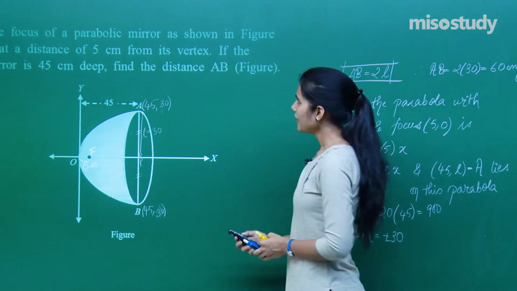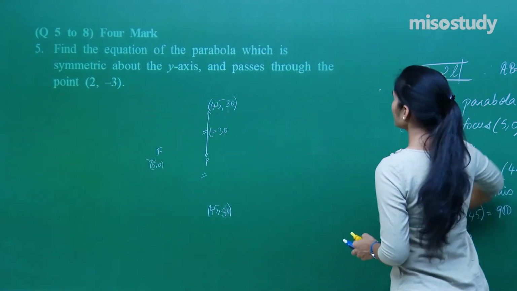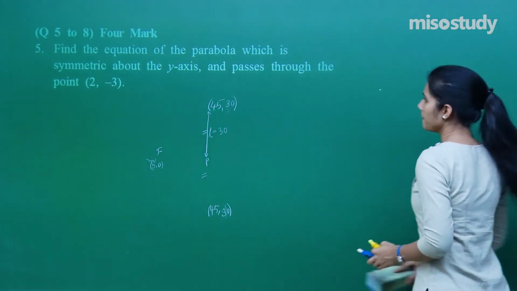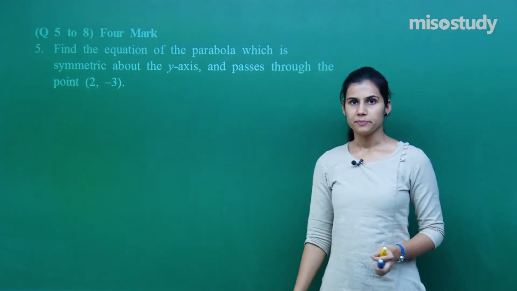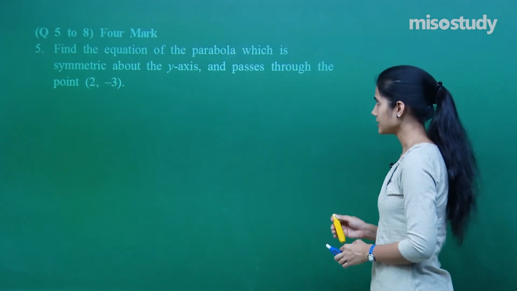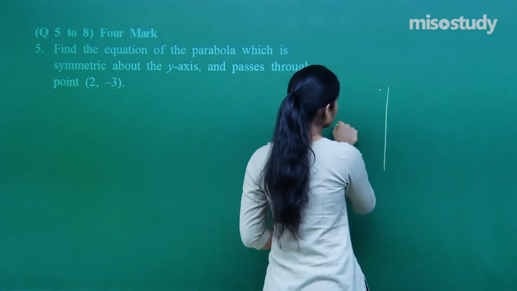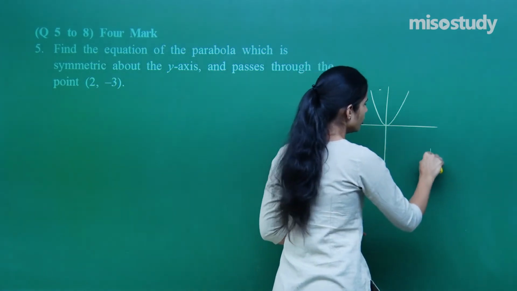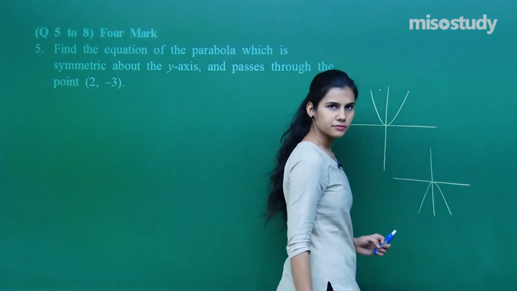Moving to the next, we have find the equation of the parabola which is symmetric about the y-axis and passes through the point 2, minus 3. What would that be? If I have equation of the parabola which is symmetric about the y-axis, passes through the point 2, minus 3. See, if the parabola is symmetric about y-axis, it can either be like this or it can be like this.